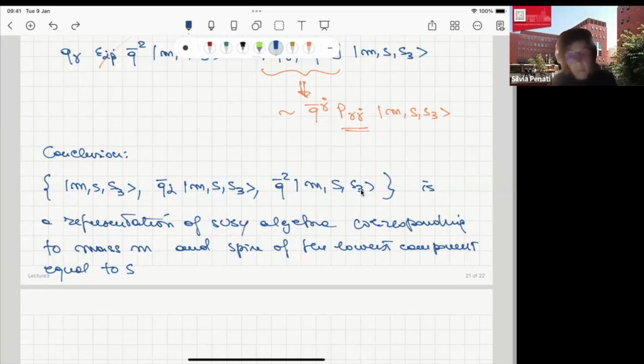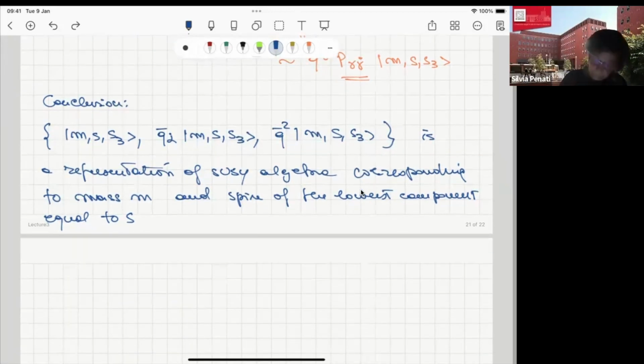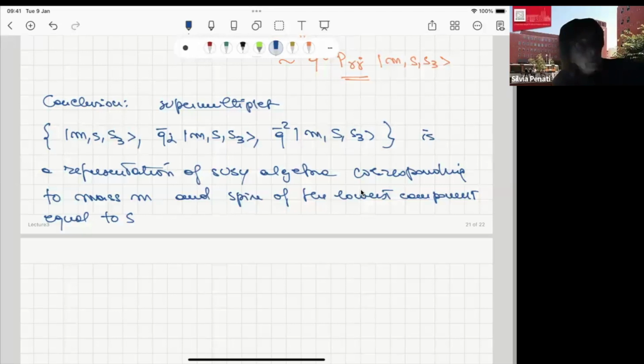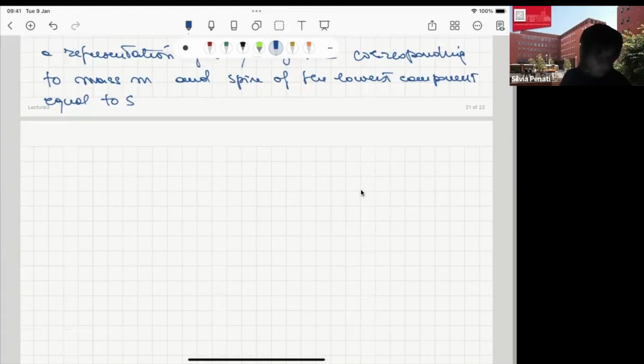Supermultiplets are nothing but representations of SUSY algebra. I can give you some relevant examples at this point, because these are important in physical theories.